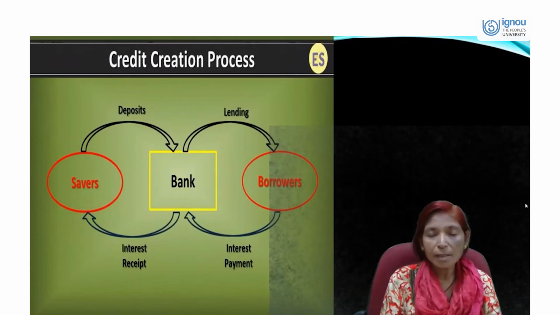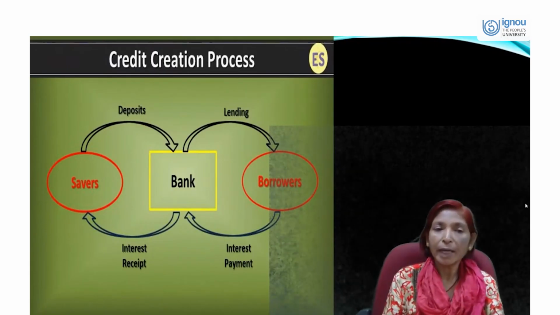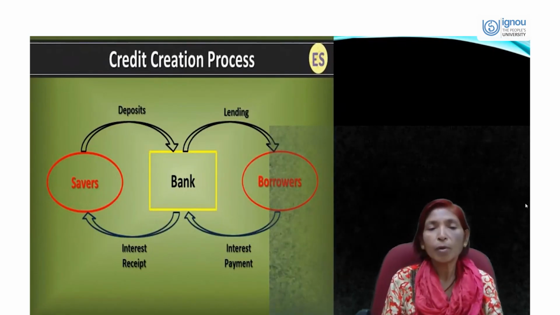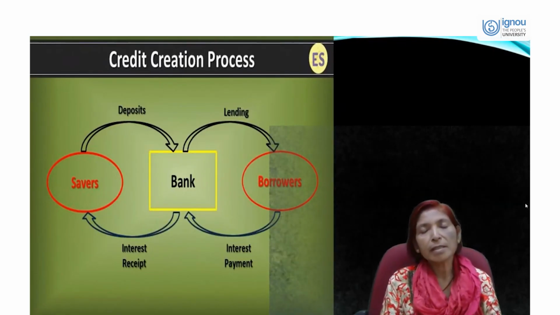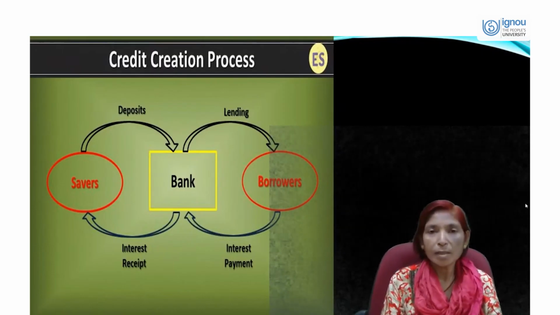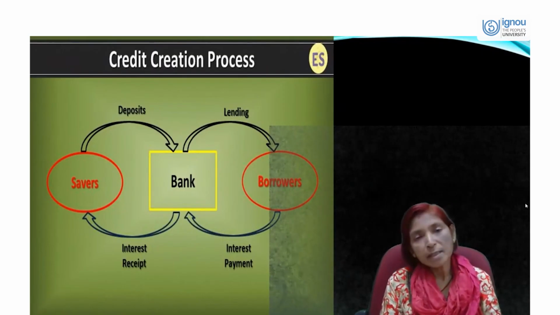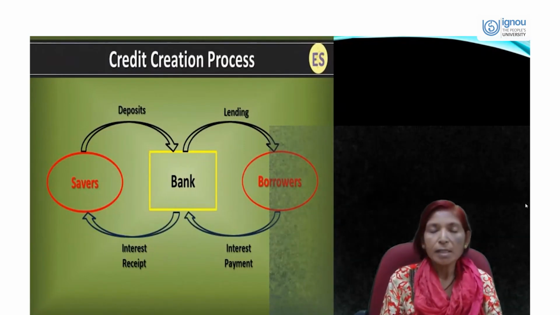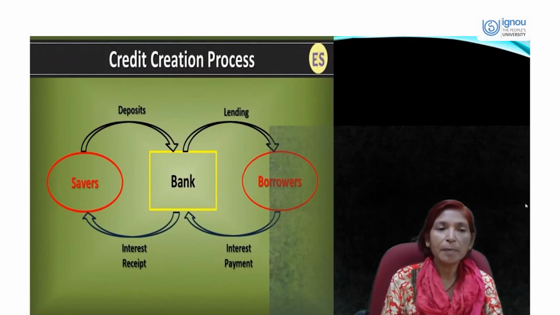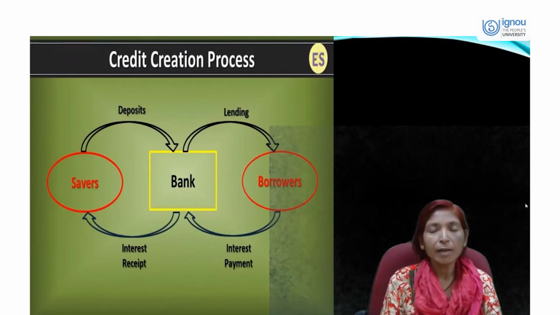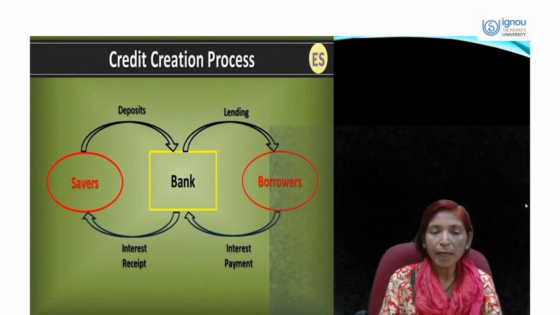Savers are depositors who deposit their money in banks, and banks are lenders who lend their money to borrowers, and the firms and business enterprises are borrowers who take money from banks for their business activities. Savers receive interest on their deposits, and borrowers pay interest to the bank.